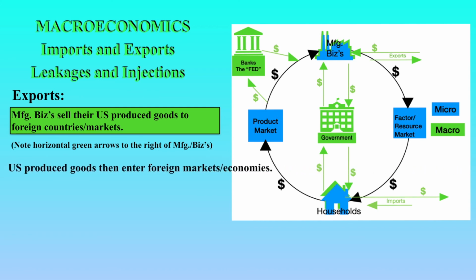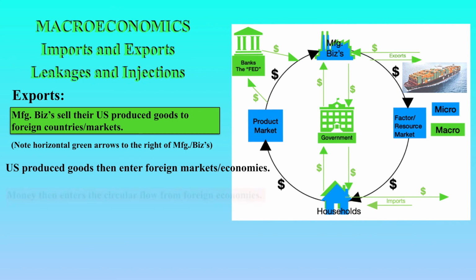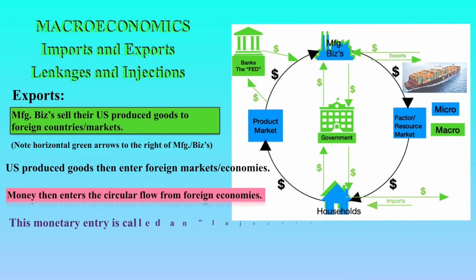So U.S.-produced goods then enter foreign markets and economies, and in doing so, money enters the circular flow from these foreign economies. So the arrow showing the goods moving out, the ship leaving for foreign countries from America there, sends money back to the U.S. This monetary entry is called an injection.